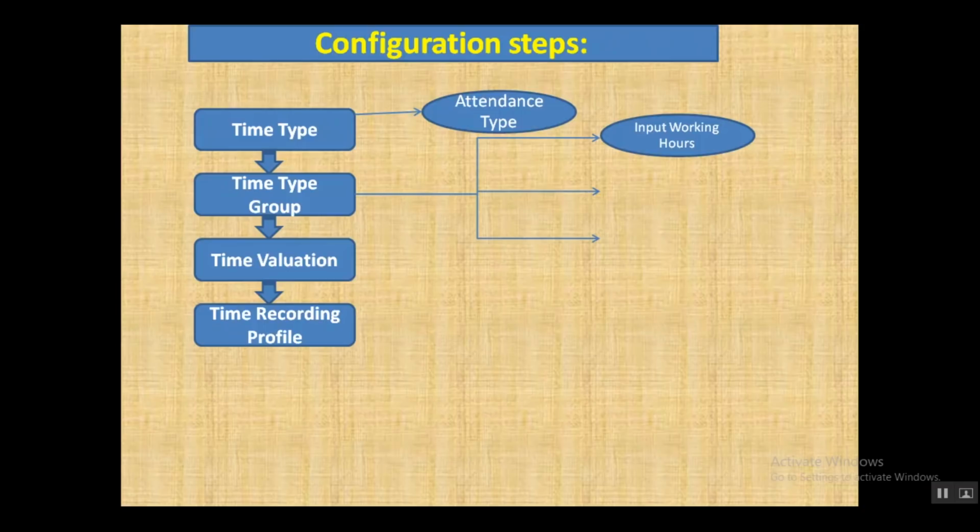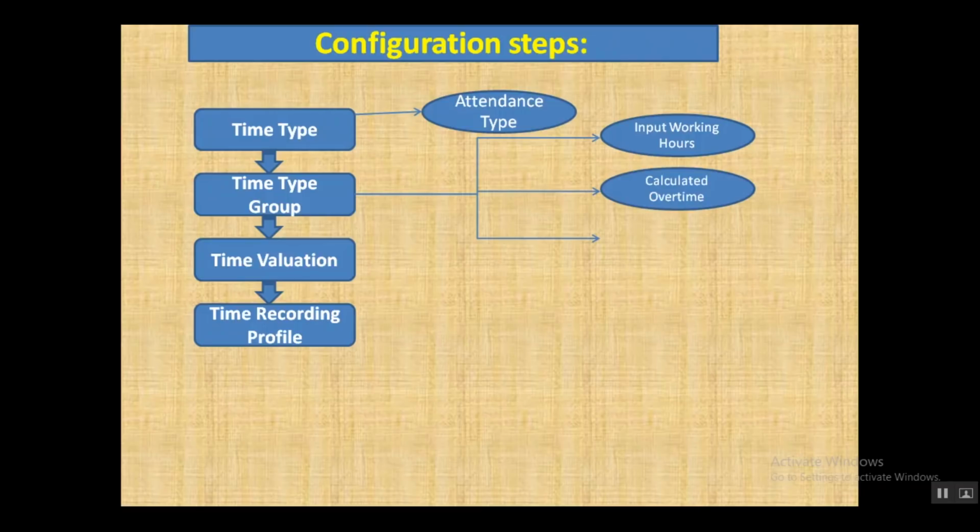Then if you are going to attend any conference, you can create a time type and assign it to input working hours as well. Then any client visit or knowledge transfer or any regular activities you are doing, you can add in the attendance time type and put it in the input working hours time type group.